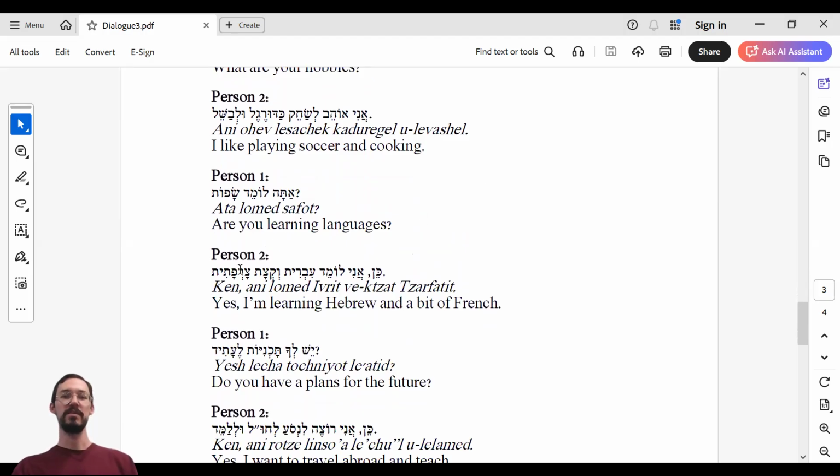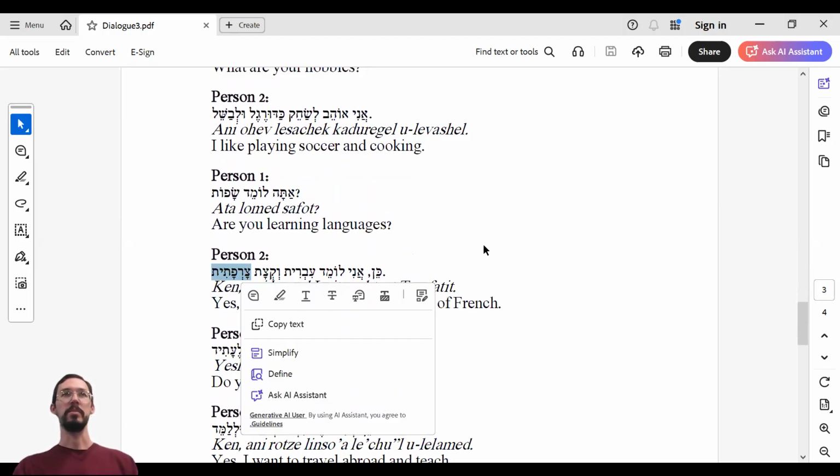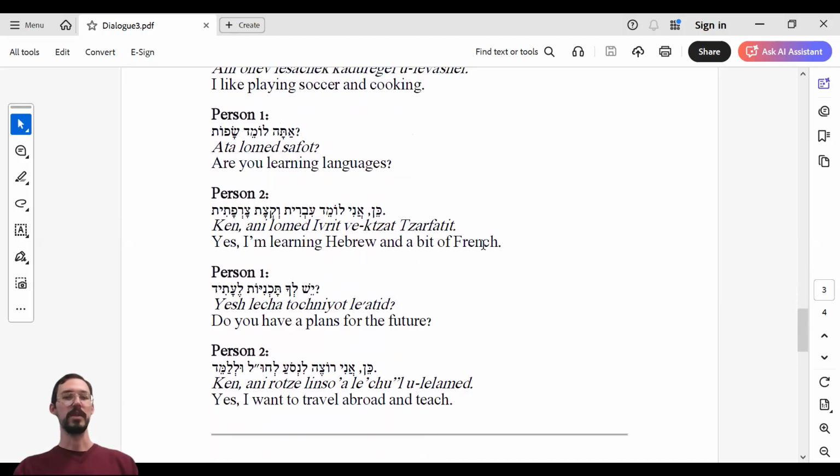And then tzalfatit might be a little bit difficult to pronounce. And hul is an acronym. Whenever you see those two little slashes, it means it's an acronym. So Chul is an acronym for Chutz La'aretz, which is outside of the land or abroad.